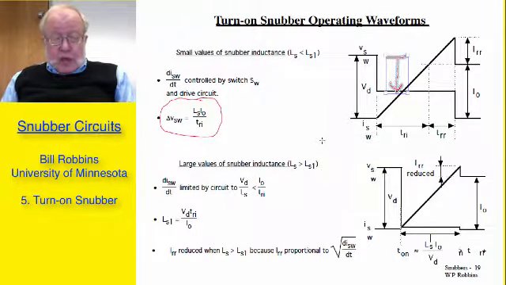If we choose a large enough value of inductance, whose value is equal to LS1, then we can drop the voltage in principle from the power supply voltage V sub D down to almost zero. And that would then be this critical value that I'm showing right here.